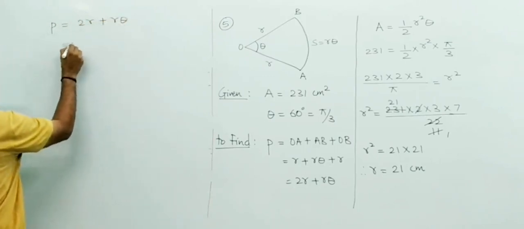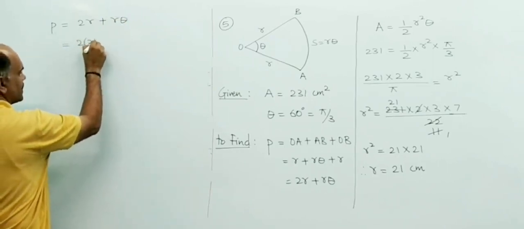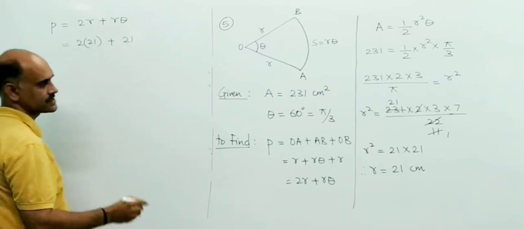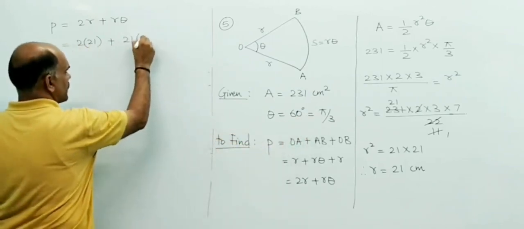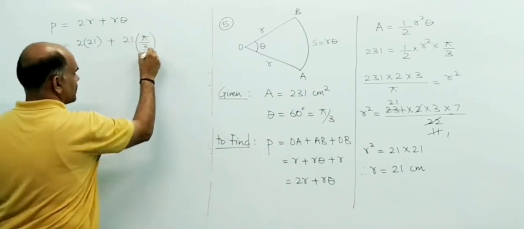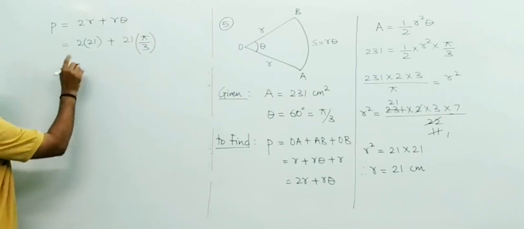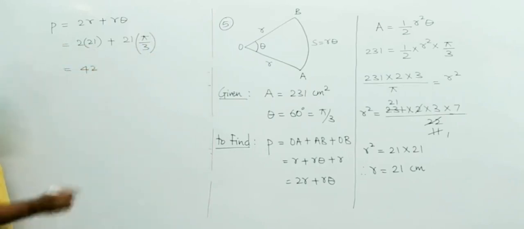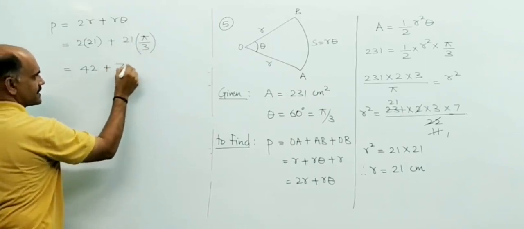This is nothing but 2 into 21 plus 21 into pi by 3. Now simplify. 2 into 21 will be 42. The 3 cancels, 3 sevens are 21, so you will have 7 pi.